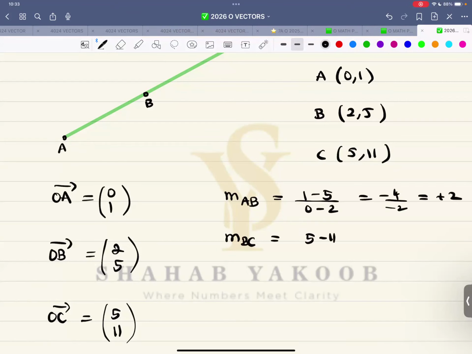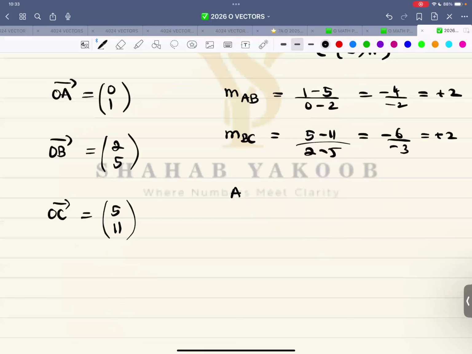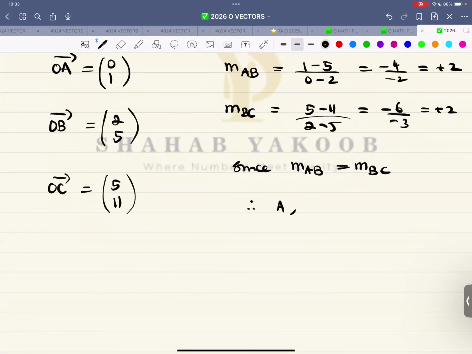That is (5 minus 11) over (2 minus 5), -6 over -3, that is also +2. In other words, since the gradient of AB is the same as the gradient of BC, therefore A, B, and C lie on the same straight line.